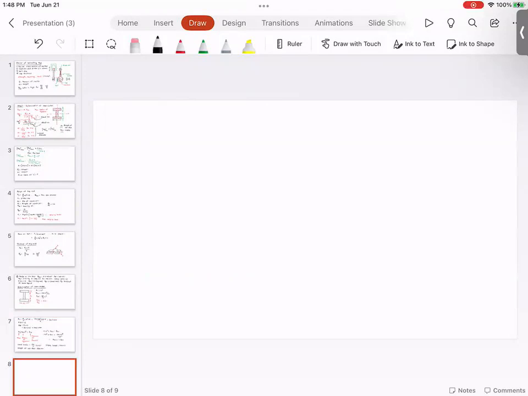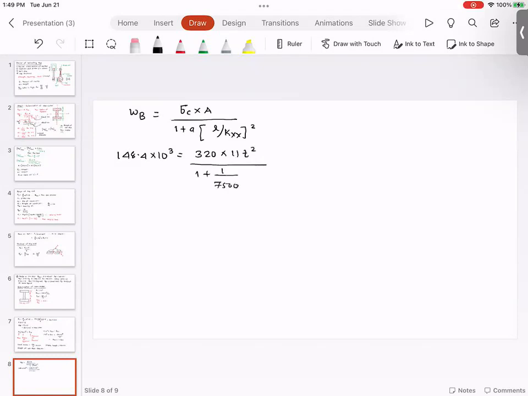Then we use this equation: WB equals sigma C times A divided by 1 plus a L divided by Kxx square. Width at big end.